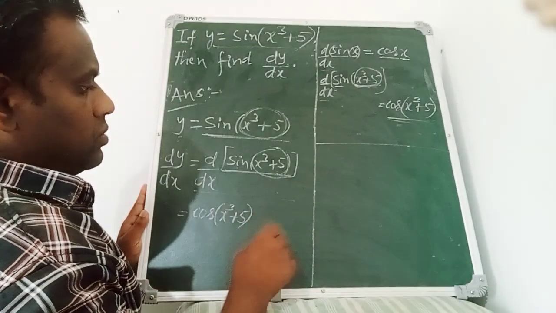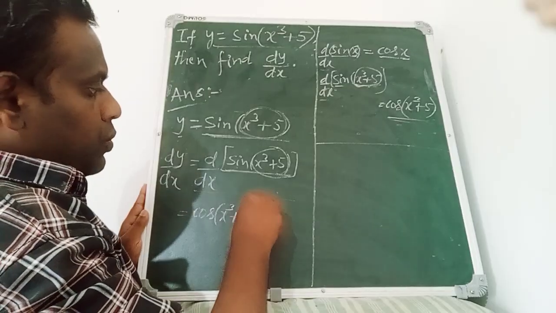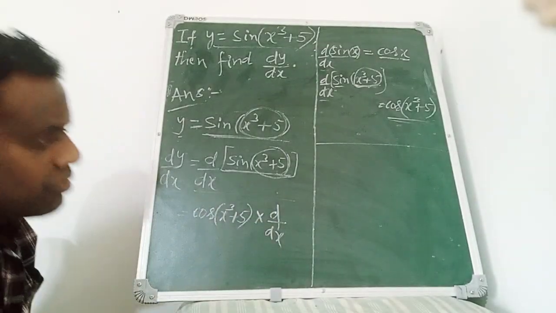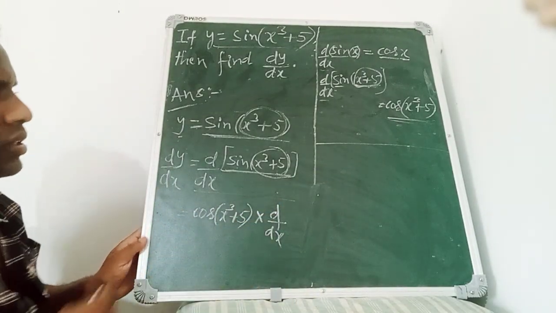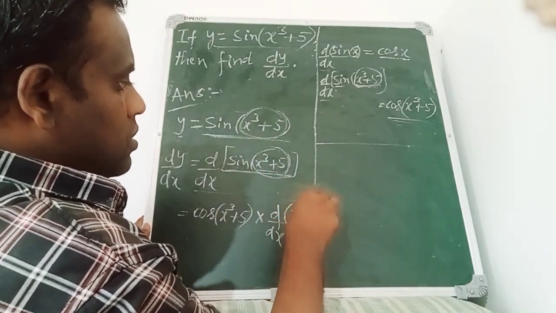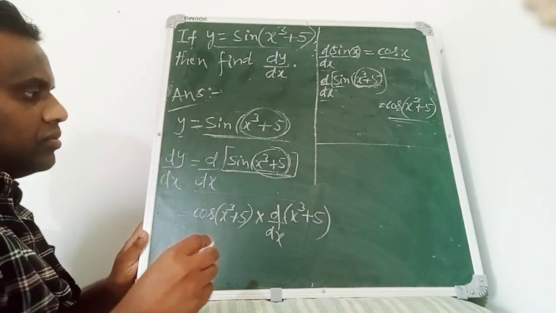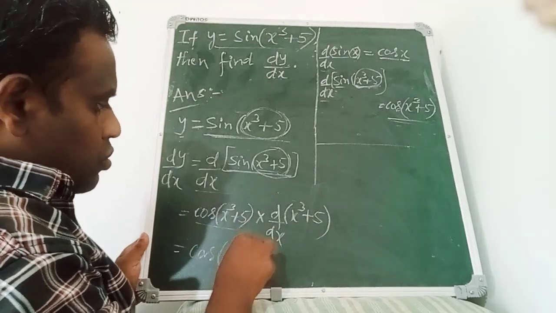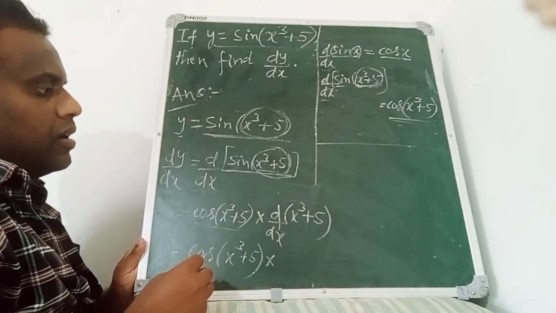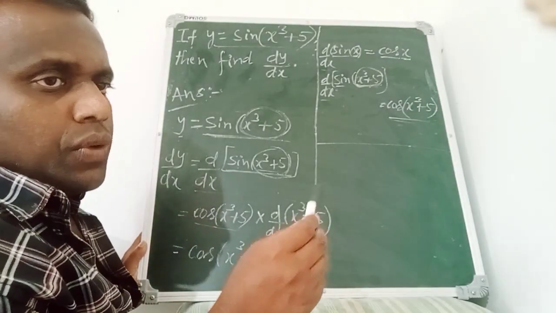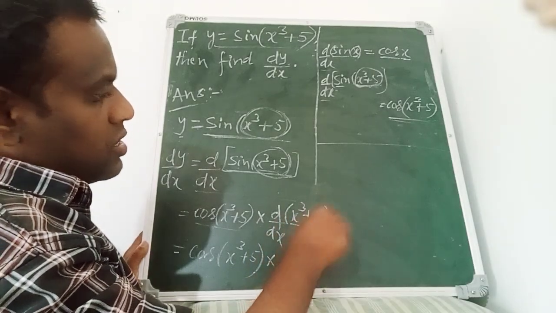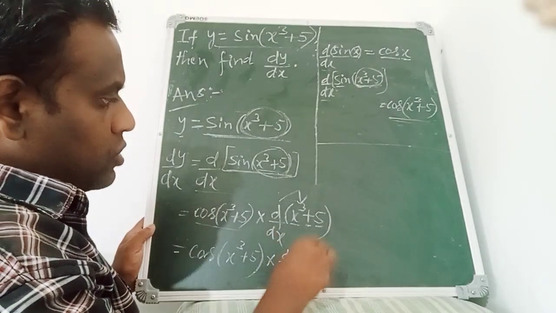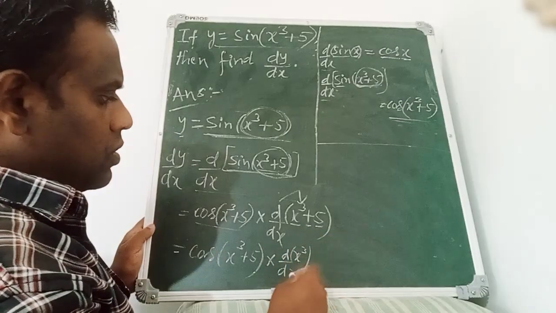So write cos of x cube plus 5 into d by dx of x cube plus 5.